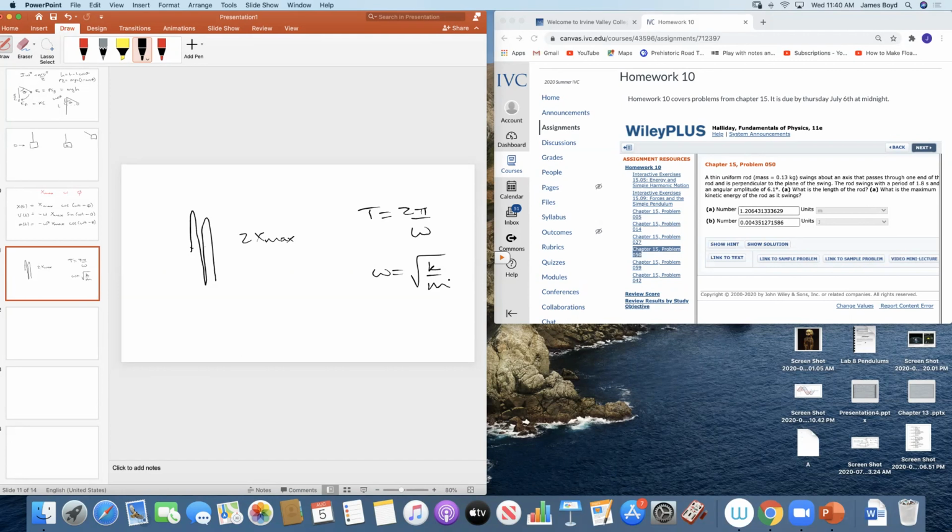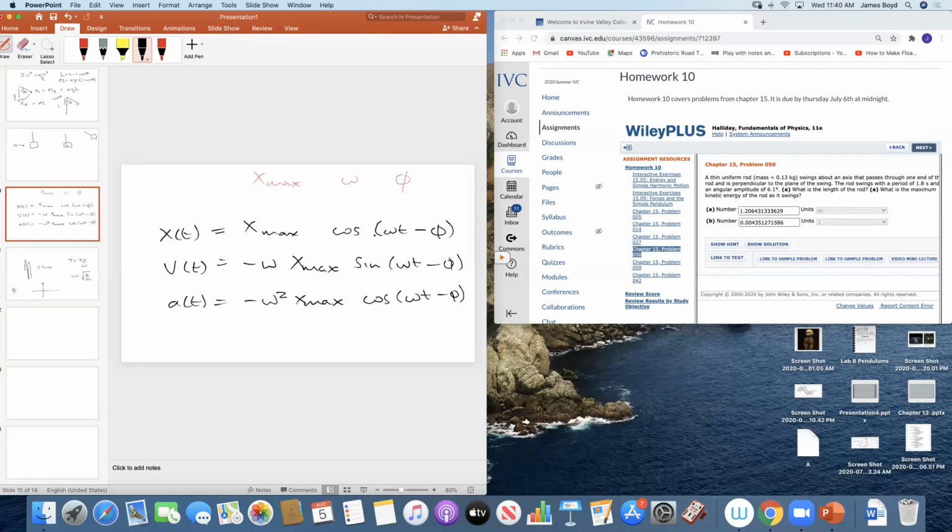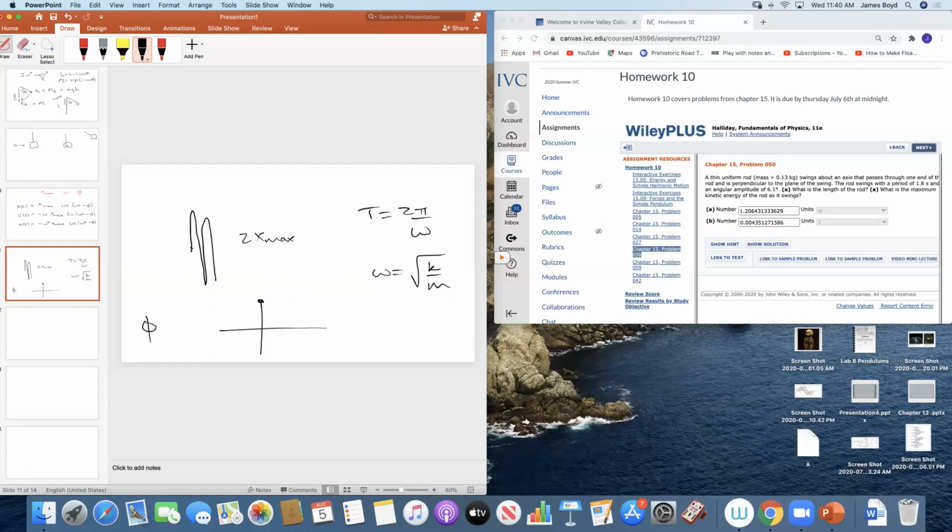And then finally, phi. And phi is the real problem here, because when phi is 0, our x equation at time 0 is maximum. So wherever our x starts off, if it starts off at a maximum, you know that phi is 0.